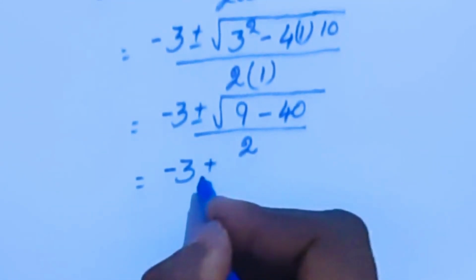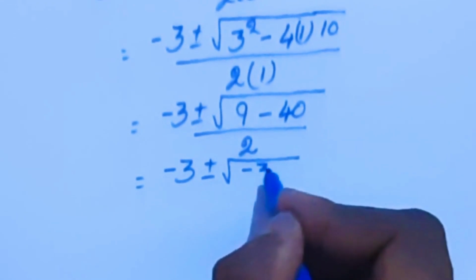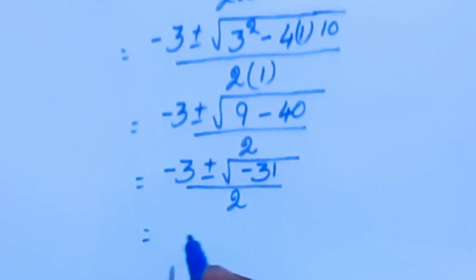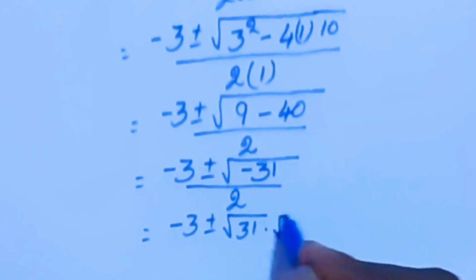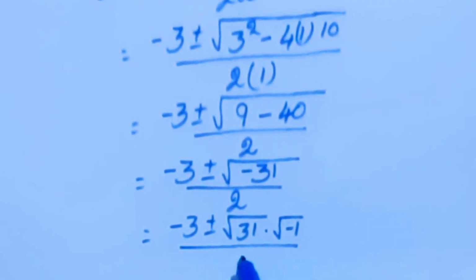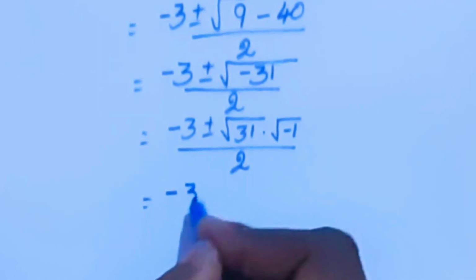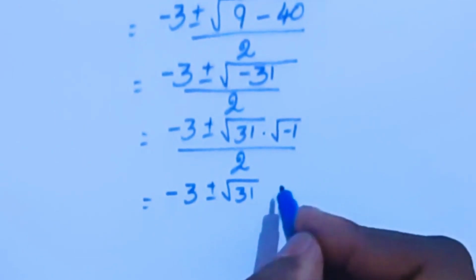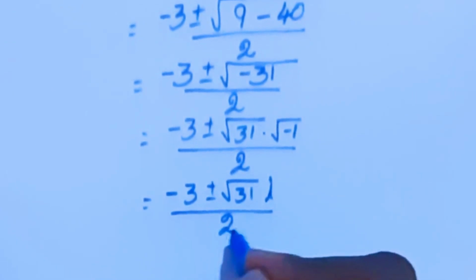Minus 3 plus or minus square root of this is minus 31 by 2. Now minus 3 plus or minus square root of 31 times square root of minus 1 by 2. Now minus 3 plus or minus square root of 31, square root of minus 1 is i, by 2.